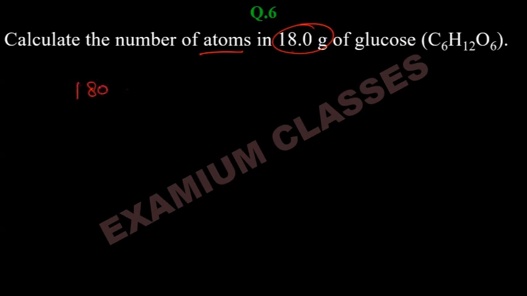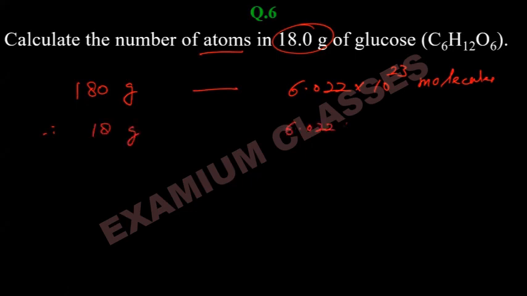In 180 grams, we have 6.022 into 10 power 23 molecules. Hence, in 18 grams, we will have 6.022 into 10 power 22 molecules.